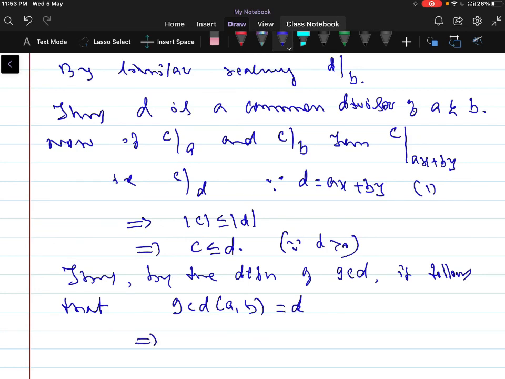So this implies GCD of a, b is equal to ax plus by, where d is equal to ax plus by. So this proves the theorem.